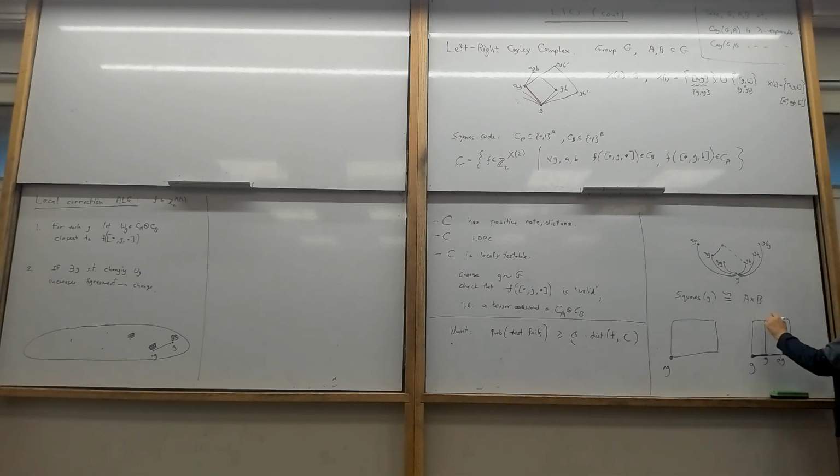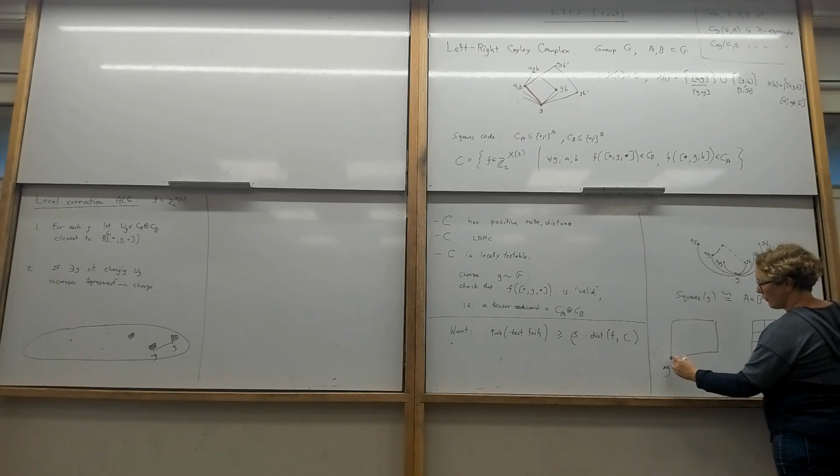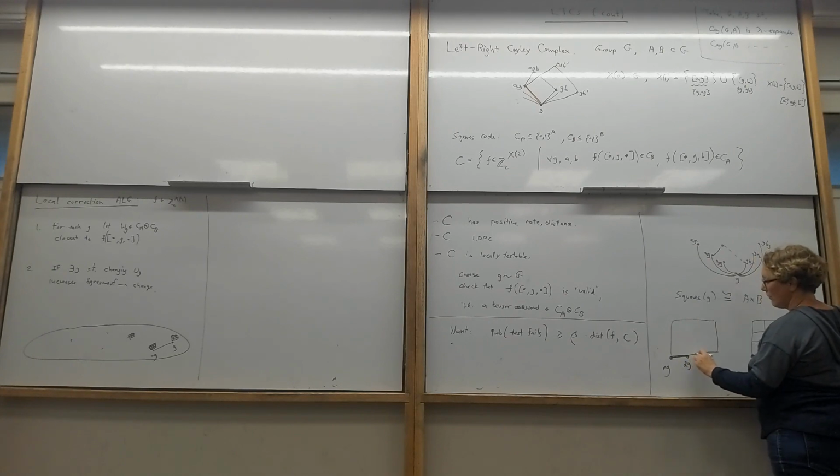The way I'm thinking about it, all these squares in this column sit on the edge G, AG. Now for AG, you have the same picture. This one corresponds to AG, A squared G. This one corresponds to some other A prime AG, and so on.